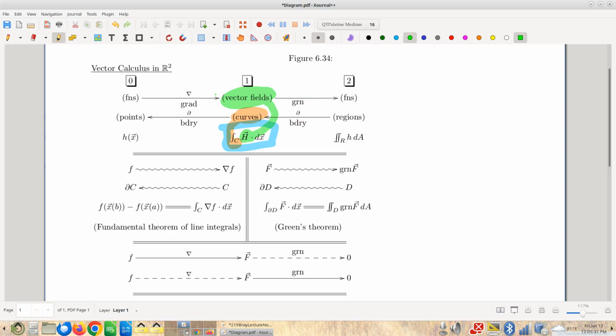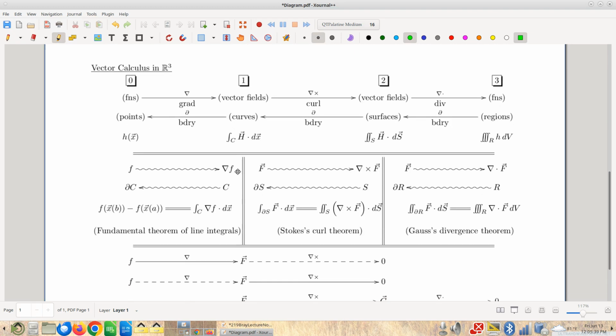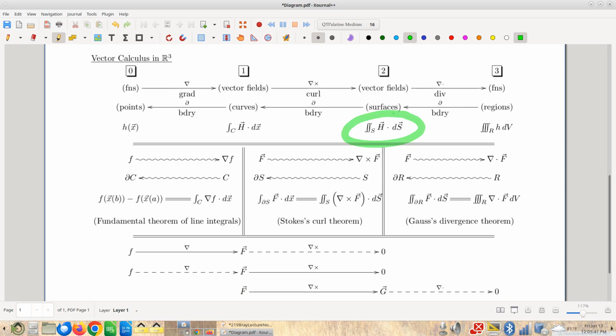It just straight up tells you what to do. And that's another pattern that's going to continue when we later get to these surface integrals, for example. There will be a vector field, and the diagram is straight up telling you, what should I do with that vector field? Well, I should compute the divergence of it. It's telling you what to do. And I think that's pretty great as well.